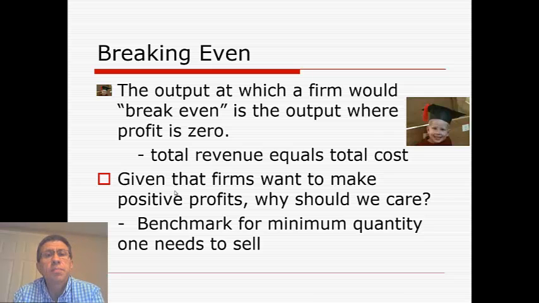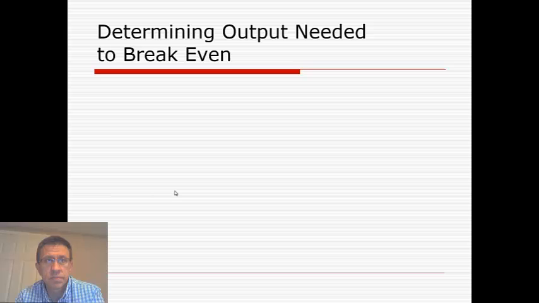Probably true, but if you think about opening a business, it is good as a benchmark to think about, well, what's the minimum amount I need to sell so I don't lose money? It's a good benchmark to know if you're trying to think about, is this a venture I really want to get into? Breaking even is the first thing you need to do. Before you can make a profit, you've got to be able to sell enough to at least break even. So breaking even occurs where the total revenue brought in exactly equals the total costs that are incurred.